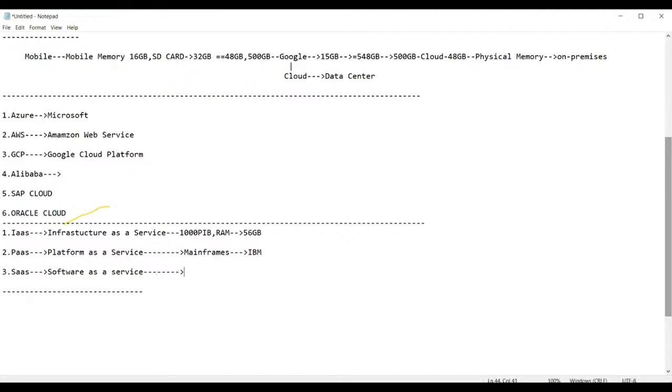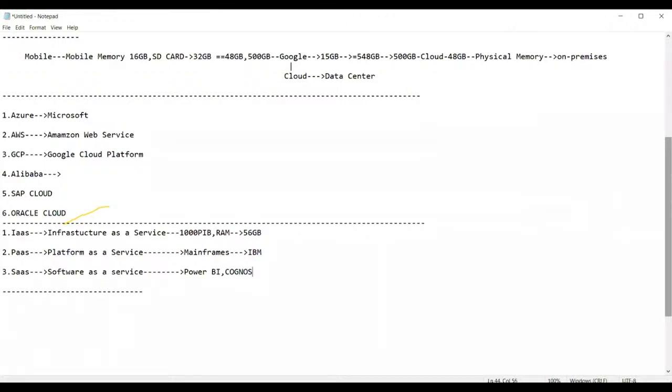And now guys, suppose you require some software, in the sense that you require some reporting software or some analytical software. Suppose you require Power BI, or suppose you require Cognos.